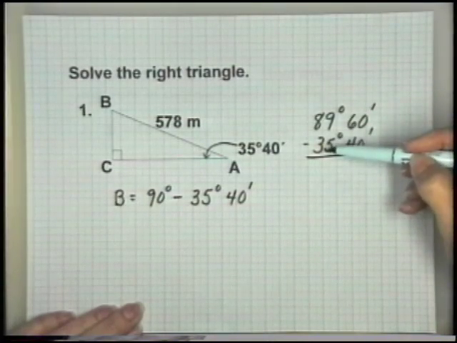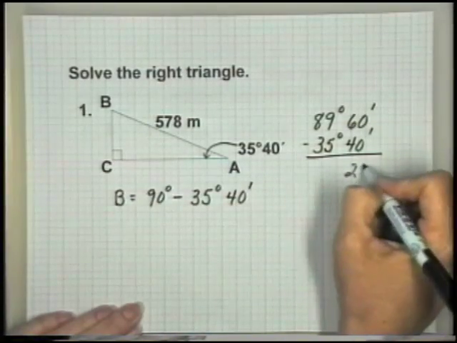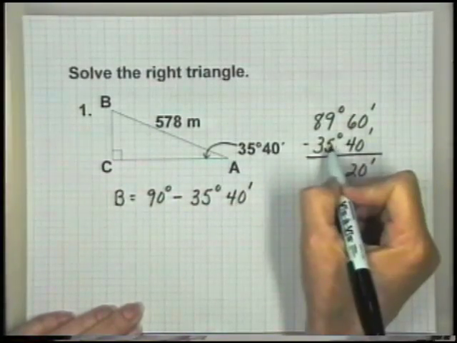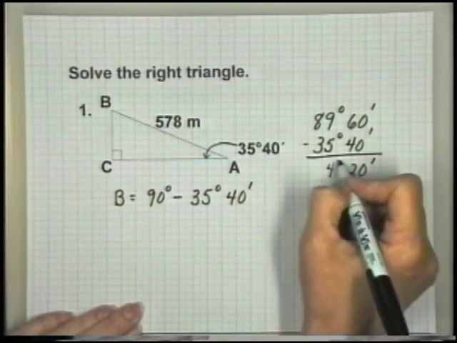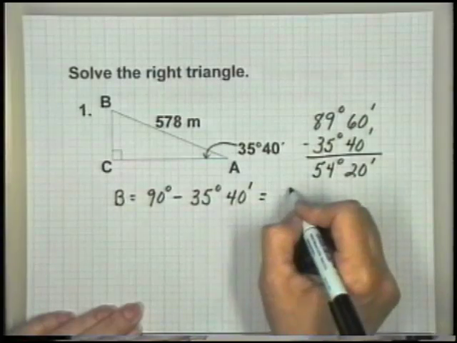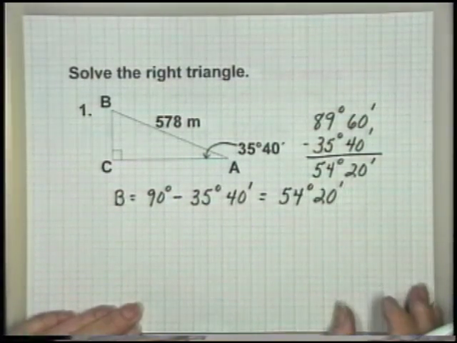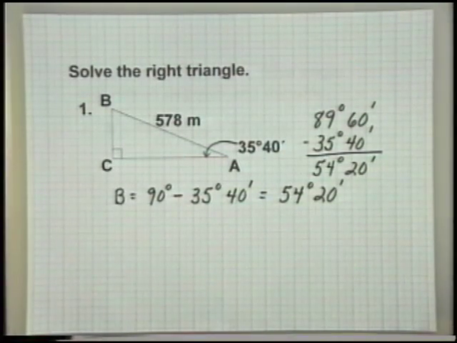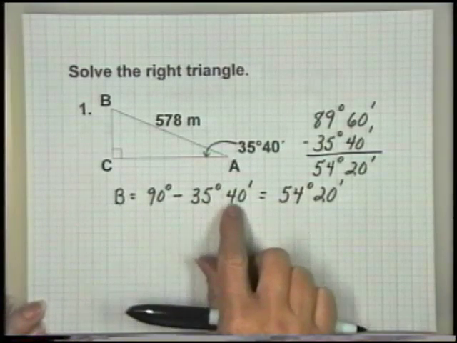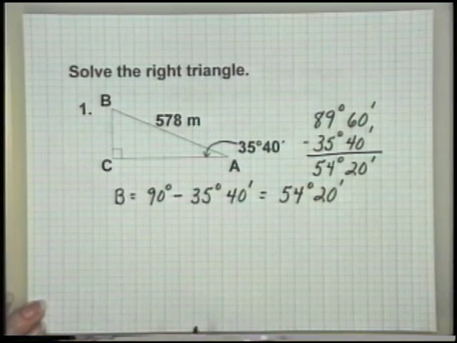You want to subtract minutes from minutes, and then of course degrees from degrees. 40 from 60 leaves you with 20, and then 5 from 9, and then 3 from 8. So our angle B is 54 degrees 20 minutes. If you wanted to check that, then what you would do is you would add 35 degrees 40 minutes and 54 degrees 20 minutes, and they should add to 90.